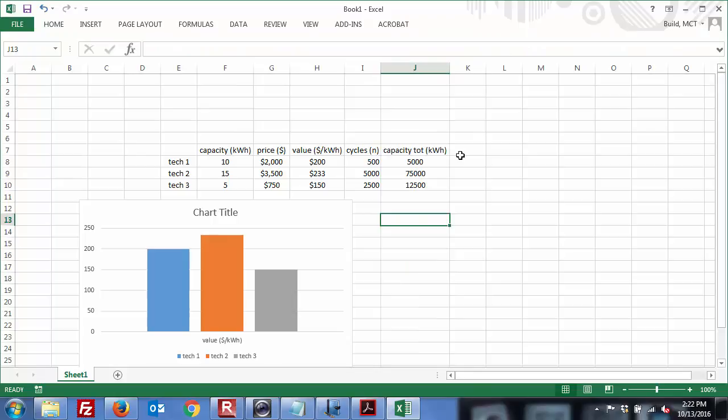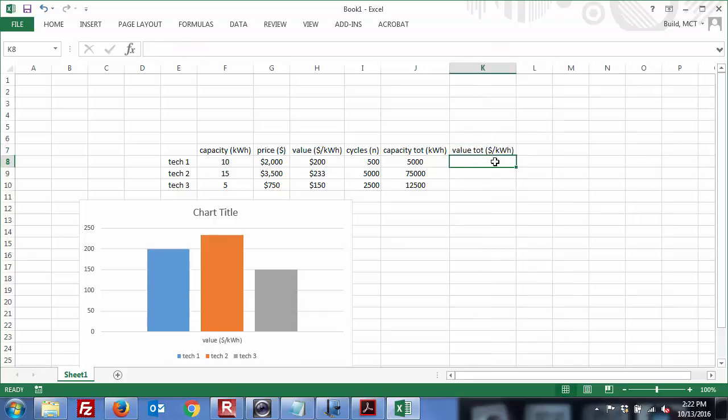Now we're going to do value total, the total value, not value per cycle. This is again going to be dollars per kilowatt hour, so this equals the price divided by the total. Okay.